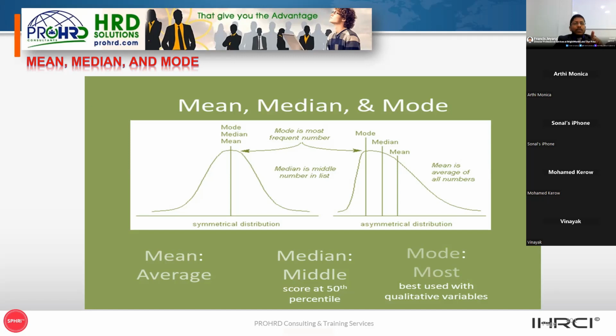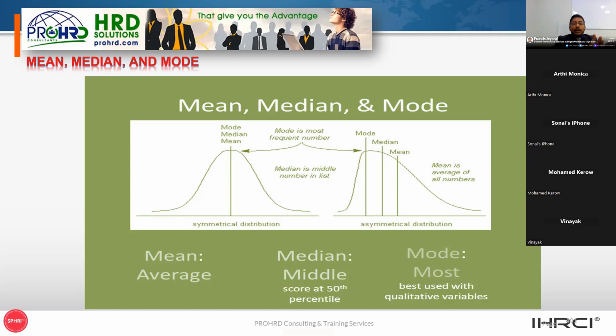As I told you, Vinayak is getting $1, Aarti is getting $2, Mohammed is getting $1,000. What is the median salary? Is it 2? 2 only, correct, exactly. Whatever comes in the middle is the median. Yeah, it's in the middle.